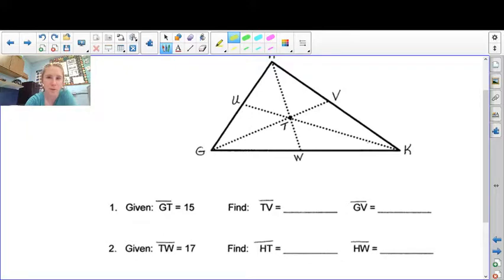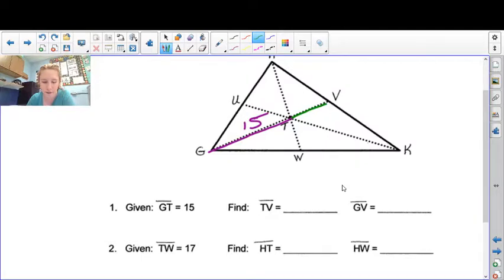I'm trying to figure out the best way to show this to you, I guess we'll pen. G to T is 15. Find T to V and find G to V. So in the whole distance. So I need to find the green side before I can find the second one.